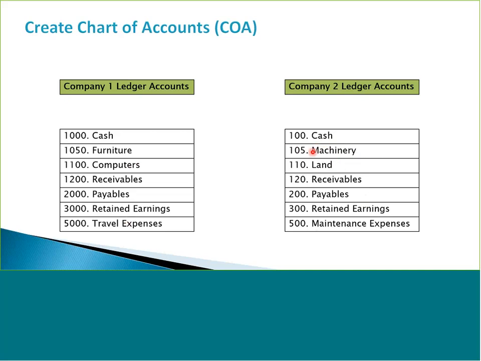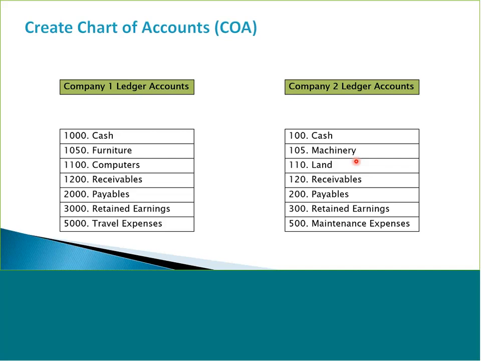It also has land as an asset, and it also has an account that it uses to record maintenance expenses, maybe for the machinery that it owns. So these accounts basically represent what the company believes are the business transactions and the accounting information that it will need to capture.